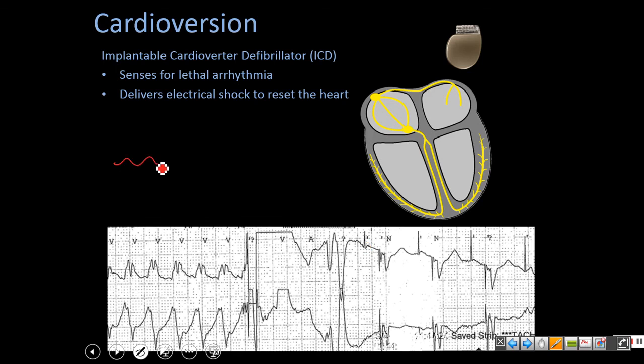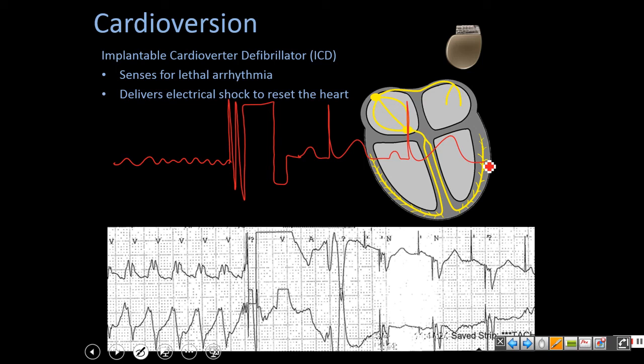So what you might see is, here's our ventricular fibrillation, and the device senses this fibrillation, and it knows it's a lethal arrhythmia, so it delivers an electric shock, which may look like this. Often it's just off the charts. And when it comes back, you hope that there is a normal rhythm.